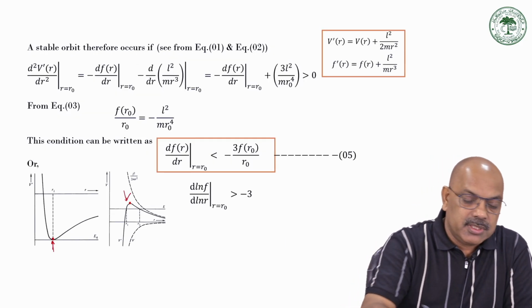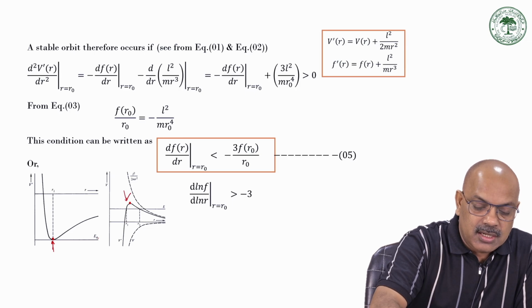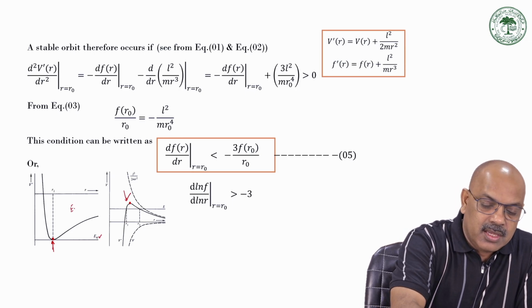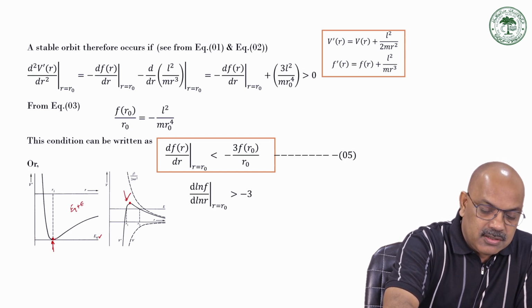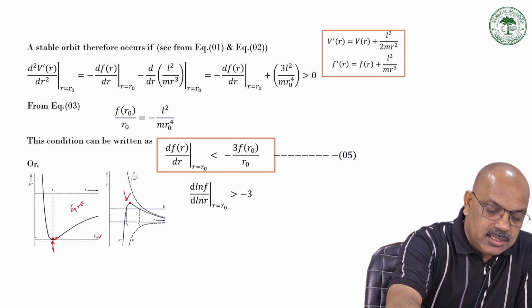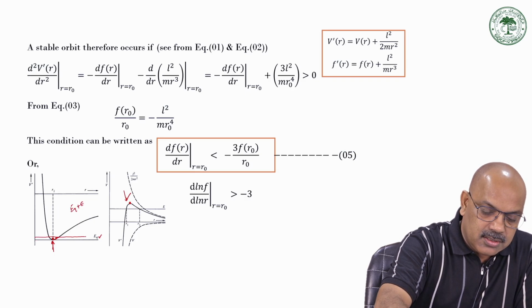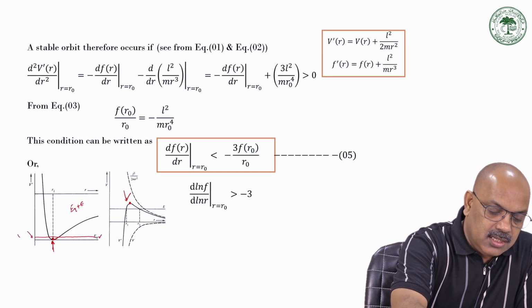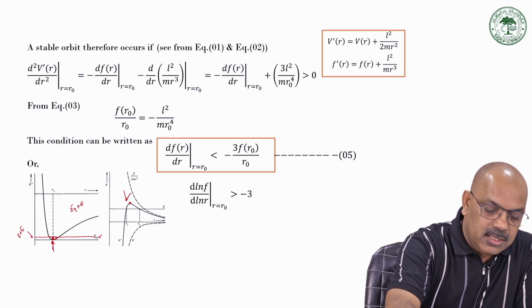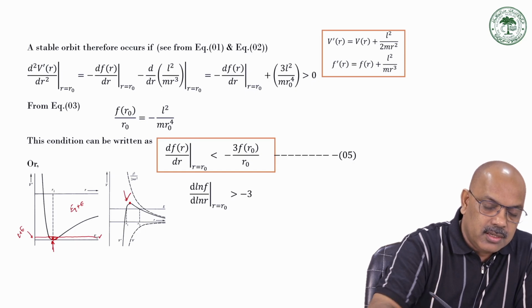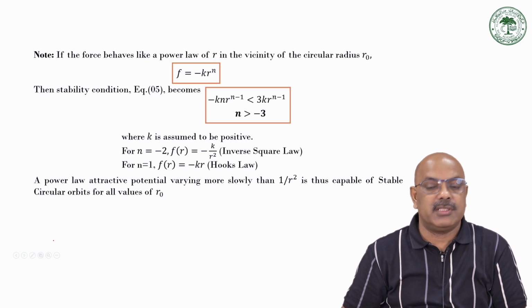That means if I give the particle energy slightly more than E4, say E4 plus some epsilon energy, this is going to be shifted from here to here, and this is my E plus epsilon. So then whether it is going to have this circular orbit or not, it will come down. Okay, so this is going to be the stable equilibrium.